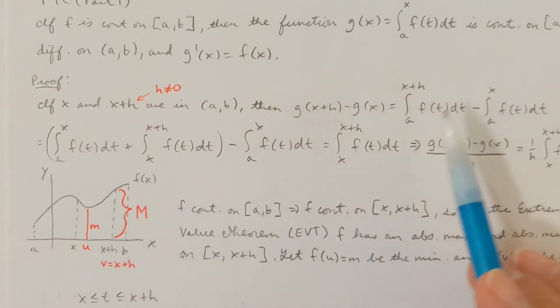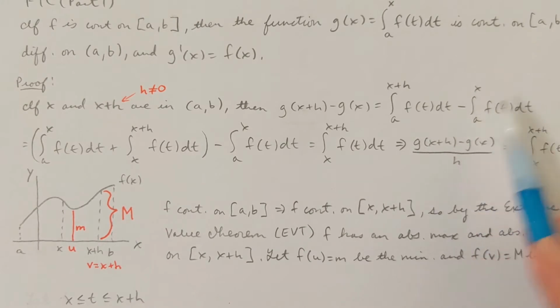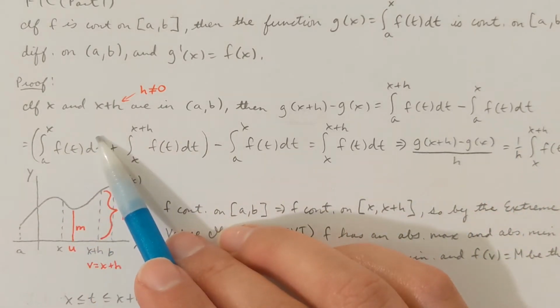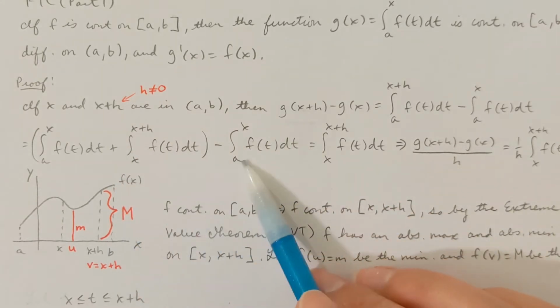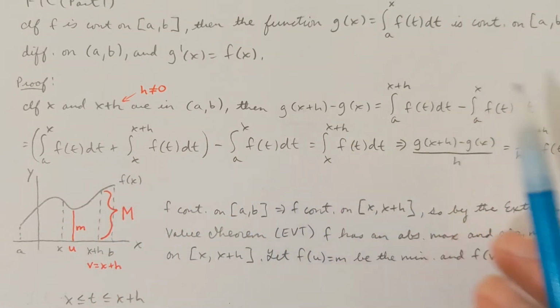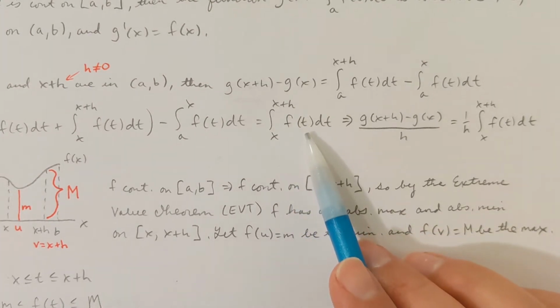That way we'll get the total area under the curve from a to x plus h. The second integral I'm leaving as is. Now these two integrals are just numbers, right? A definite integral results in a number, and so they're going to cancel for me. And that leaves me with the integral going from x to x plus h of f of t dt.